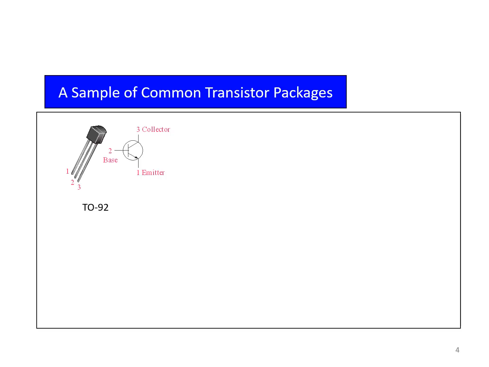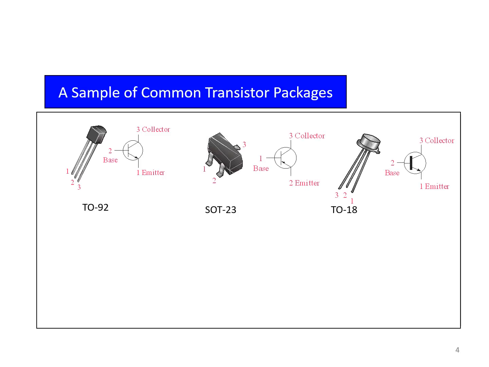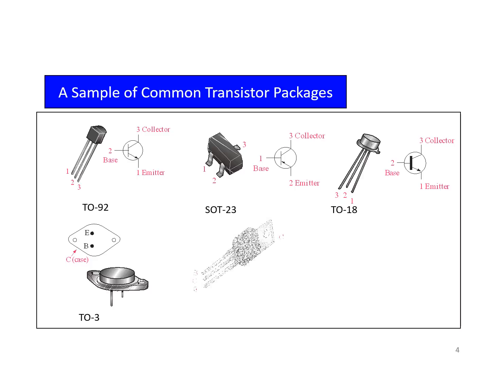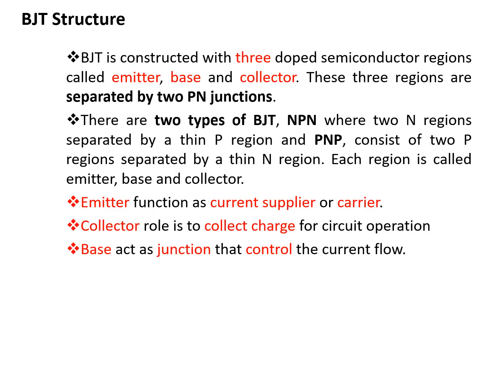These are samples of transistor packagings. The most important thing is that we know which terminals are the emitter, base, and collector. This information we can get from the datasheet that will be given together with the components. As I said earlier, BJT has three regions: emitter, base, and collector.